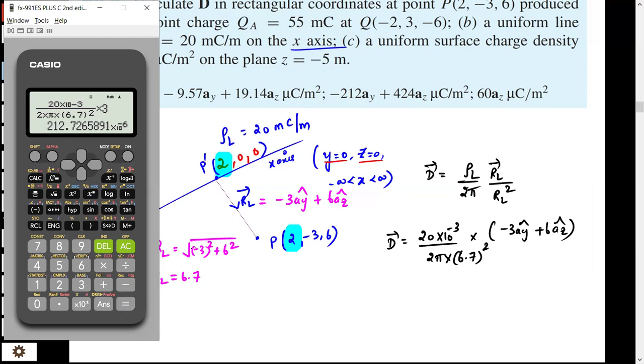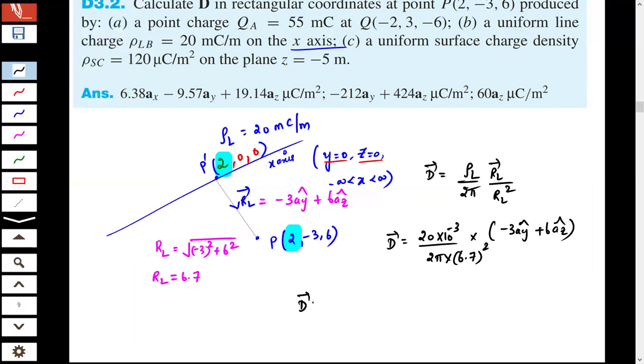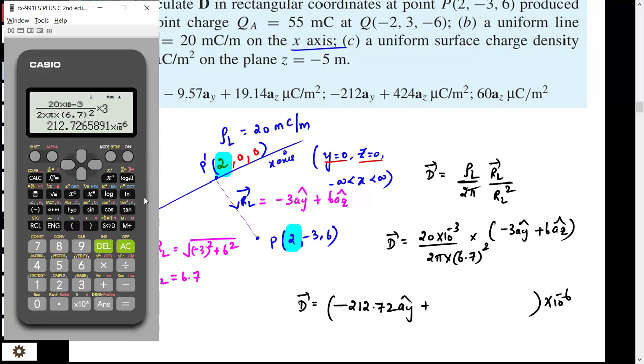So you get 212.72 micro, and the y component is minus 212.72 micro. To find the z component, we should multiply this with 6.